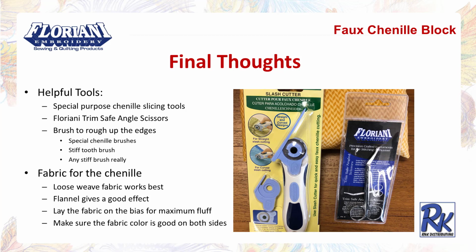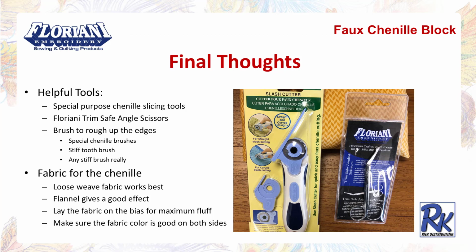Now they make special chenille brushes, but you can use a stiff toothbrush or any brush really. And then the fabric that you use for the chenille fabric, a loose weave fabric works better than a tight weave fabric. So this is a good place to use your not so great quilt fabric or other not so great fabric. Flannel also gives a good effect.